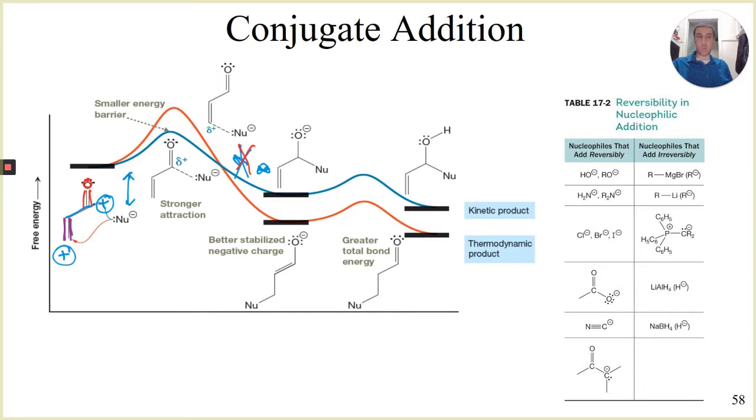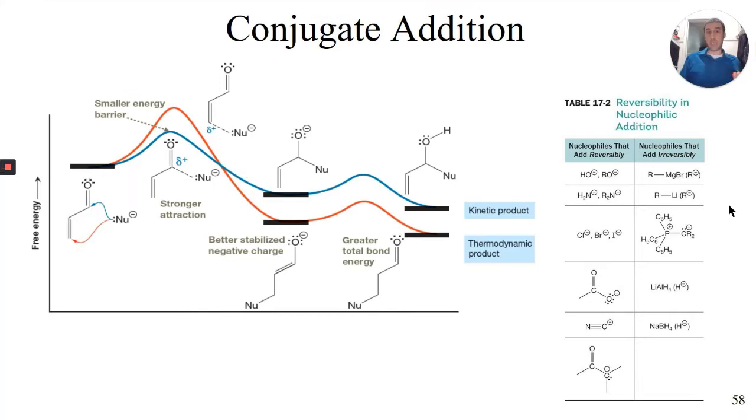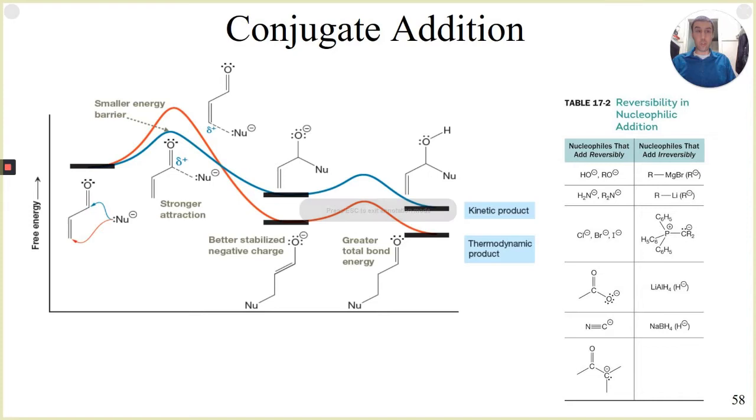So it all comes back to defining that difference between reversible and irreversible. And remember what we talked about in those past videos was our reversible nucleophiles being oxygen, nitrogen, and our halogens, because those could all stabilize the negative charge relatively well.